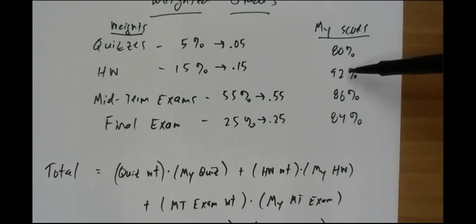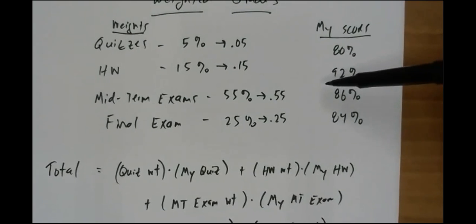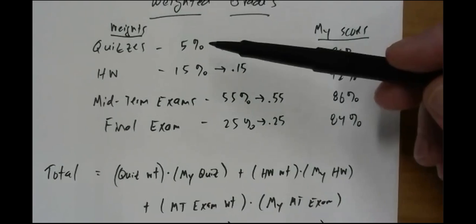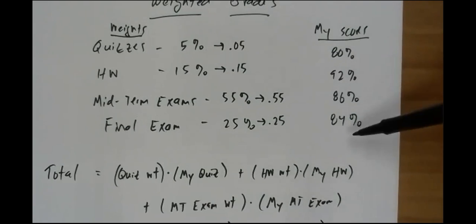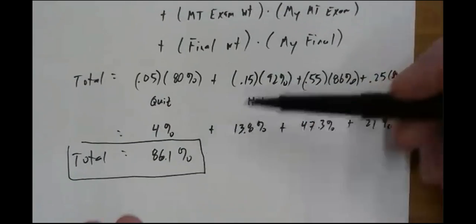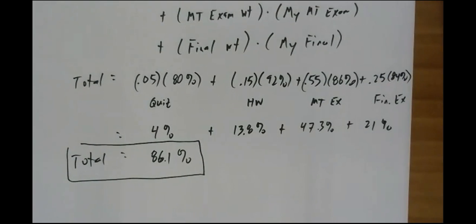And that's what I'm going to use when I calculate my total grade. So you need the weights and you need my scores, and that's how you get the total. So hopefully now you understand how grades are weighted and how to do the calculation.